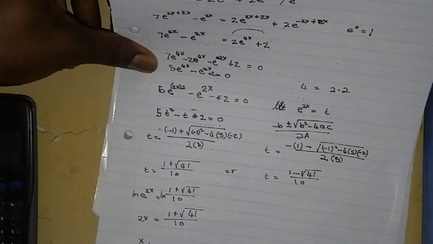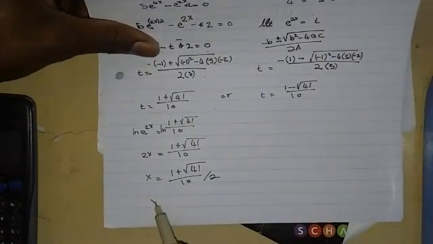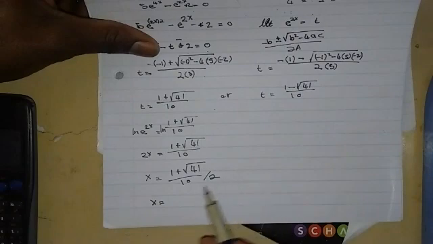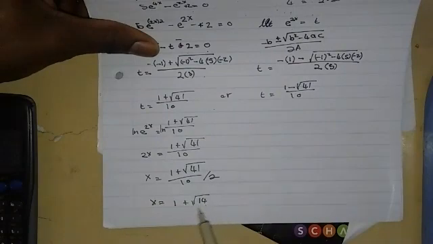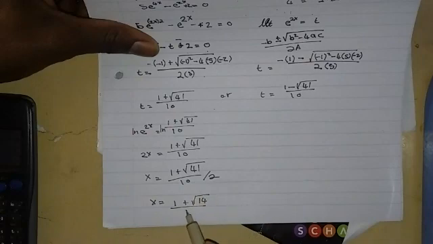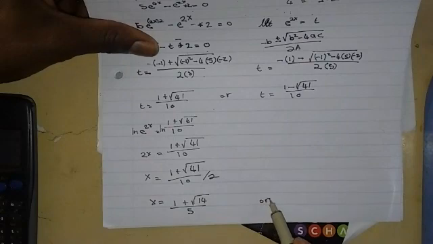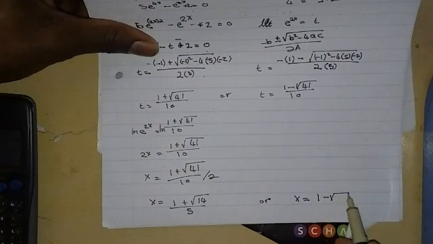So that's 10. Divide both sides by 2. We'll get this divided by 2, which makes x equal to ln of 1 plus the square root of 41 over 10, all over 2, or x is equal to ln of 1 minus the square root of 41 over 10, all over 2.